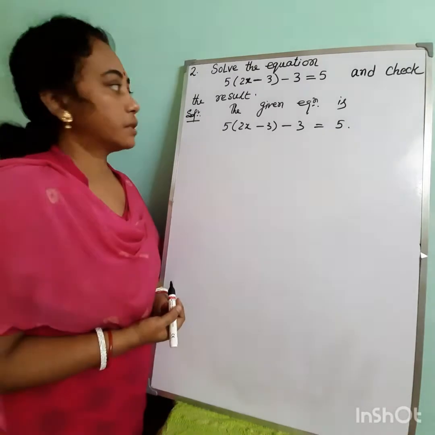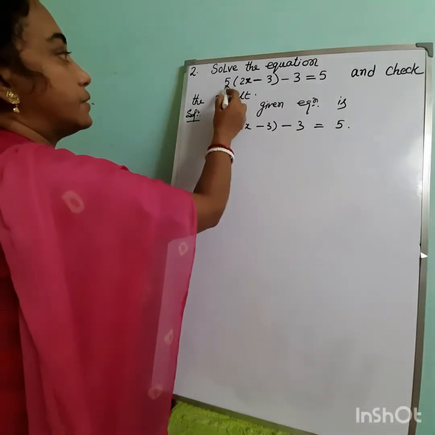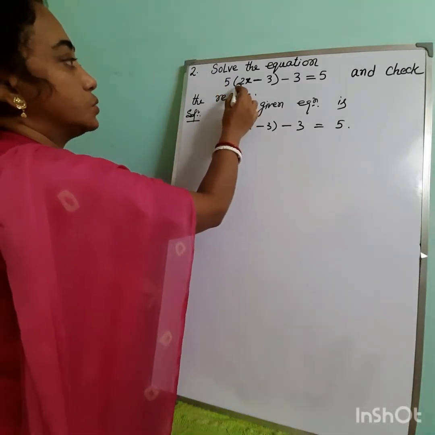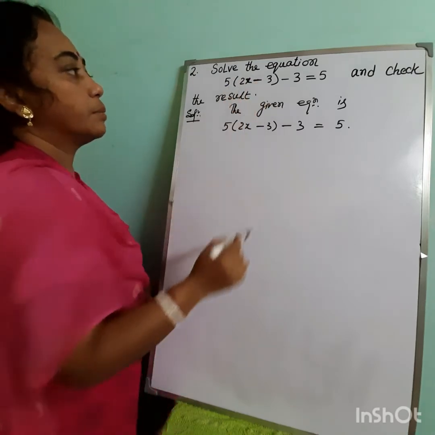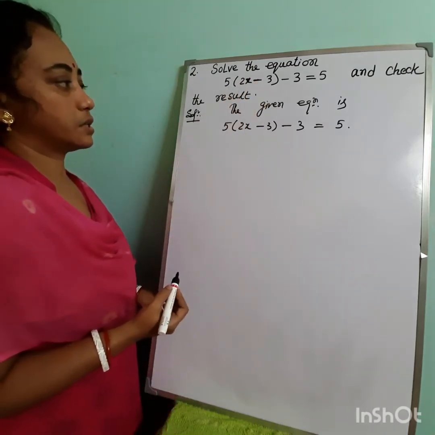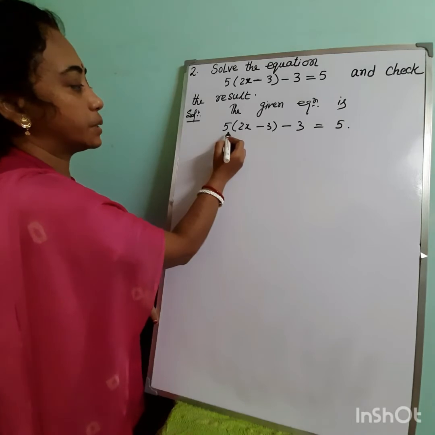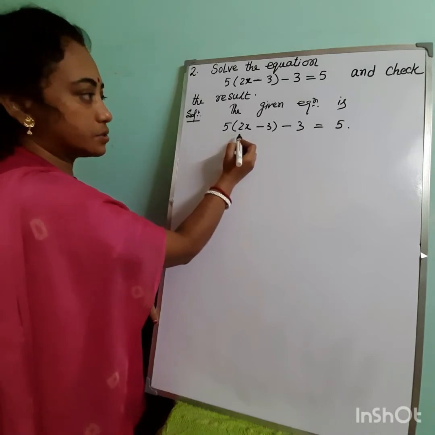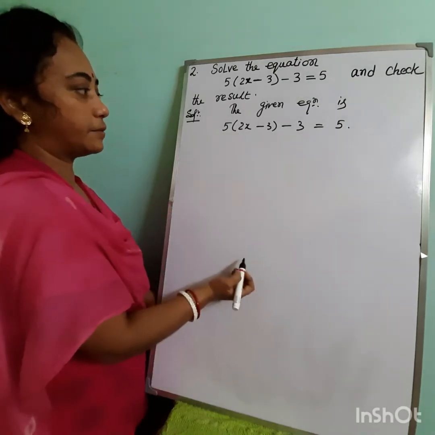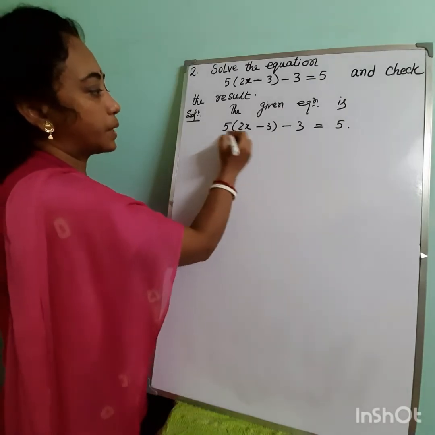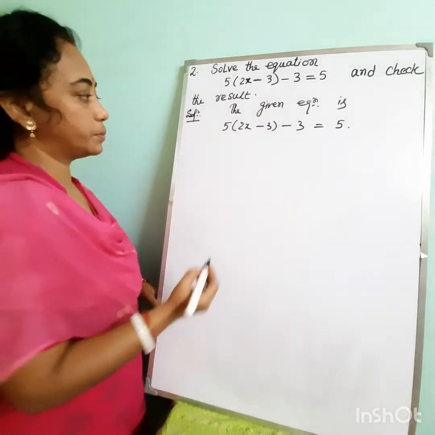Now let us solve another equation: 5 multiplied by 2x minus 3 equals 5, and check the result. Here the given equation is 5 multiplied with 2x minus 3 equals 5. So first we will multiply this by using the distributive law.